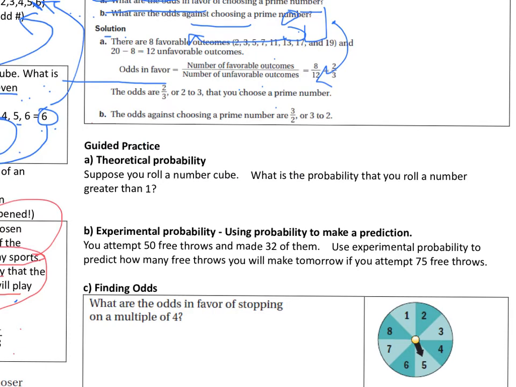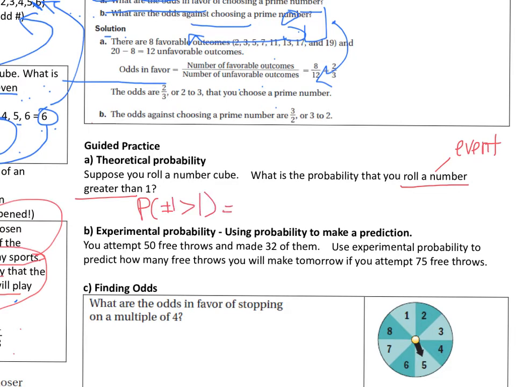Part A, theoretical probability. Suppose you roll a number cube. What is the probability that you roll a number greater than 1? My event is rolling a number greater than 1. I'm going to set it as probability of rolling a number greater than 1.